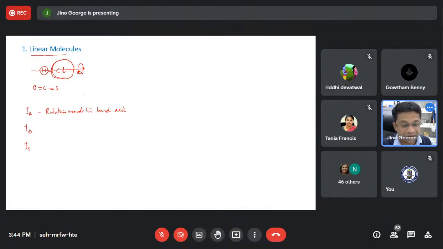What will happen? How much is the moment of inertia for this system? IA is equal to 0 because it doesn't change, right? So that's very important. The moment of inertia is 0 because it doesn't give any change in the dipole at the end.